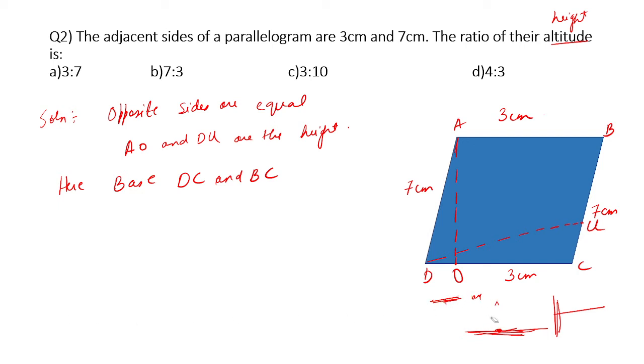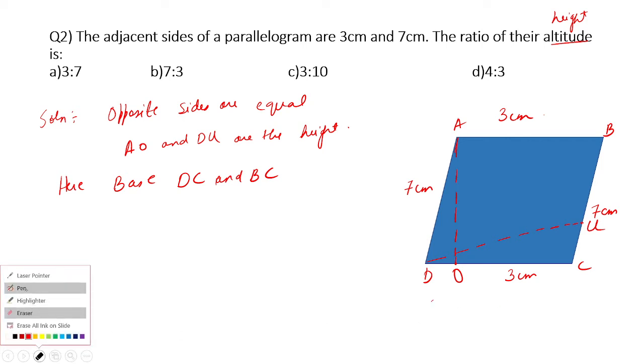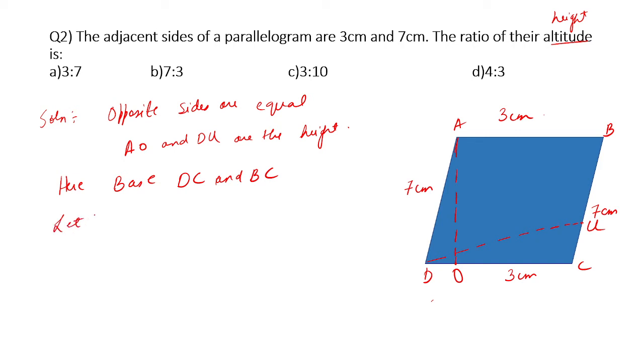So keeping that in mind, let us now try to find out something interesting. What I'll do is say let DC be H1, and BC be H2, because we're talking about the base and the height. So height 1 and height 2. Therefore the area of a parallelogram is what?